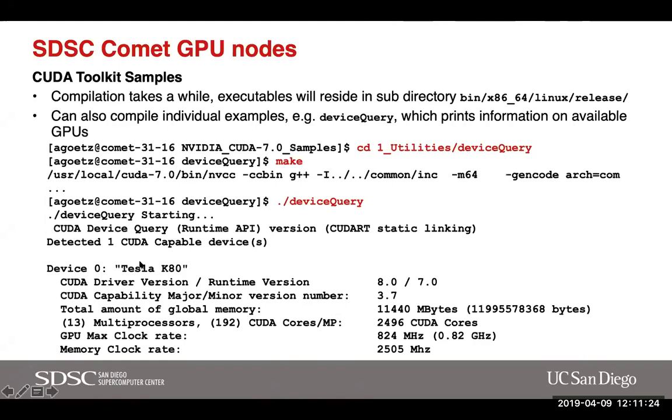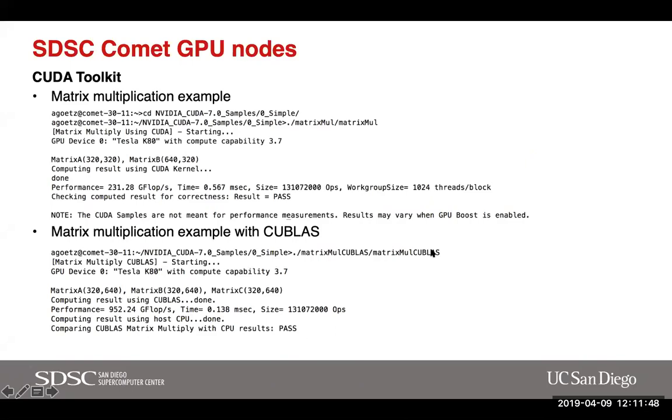In this example, the output means it found one CUDA capable device, which means I was on a shared queue requesting a single GPU, and it found a Tesla K80. It's talking about the driver version, the runtime version, the CUDA capability, the memory that's available, the number of GPU CUDA cores, and so on and so forth. So all sorts of information that might be useful for program execution and setting up how to execute and launch kernels, the kernel configuration at launch time.